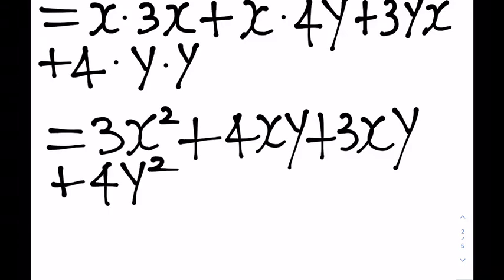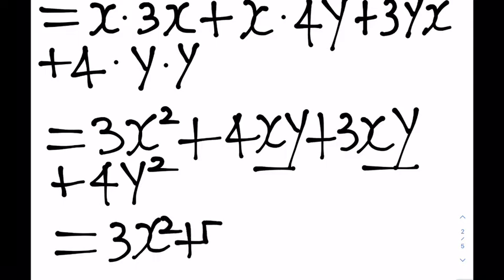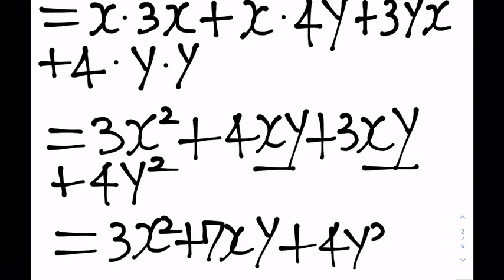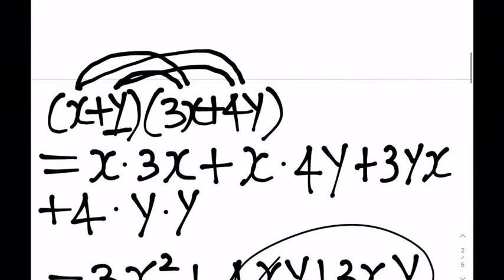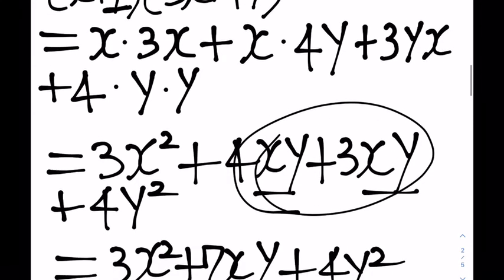And then we see here that we have a common term, xy and xy. So that will be 3x squared plus 7xy plus 4y squared. We just added them together. So that's our answer to x plus y times 3x plus 4y.